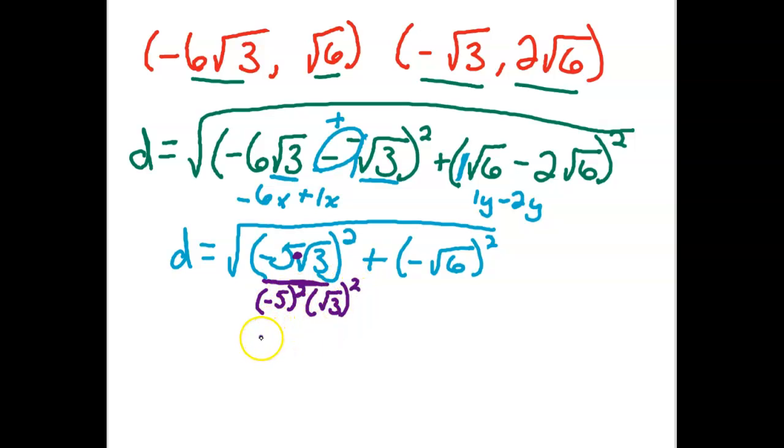Negative 5 squared is going to give me a positive 25. The square root of 3 squared is actually going to give me a positive 3. And then if I look at this, negative times negative is going to give me a positive. Square root of 6 squared is going to give me a positive 6.